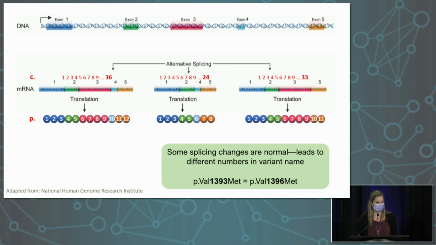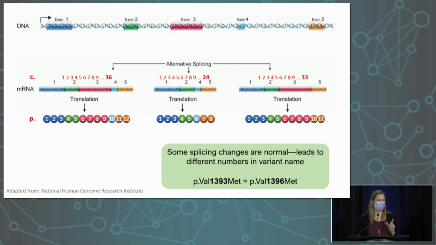And you can see, in this case, the orange circles are present in all three of these. They're in all of the copies, but in one case they're called number 11 and 12. In another case, they're the 7th and 8th amino acids. In another case, they're 10 and 11. So if you're referencing something that's with this first orange circle, it's present in all of these, but it might get a different number. So that's how you can have things like this example at the bottom, where the valine 1393 methionine is the same as the valine 1396 methionine.